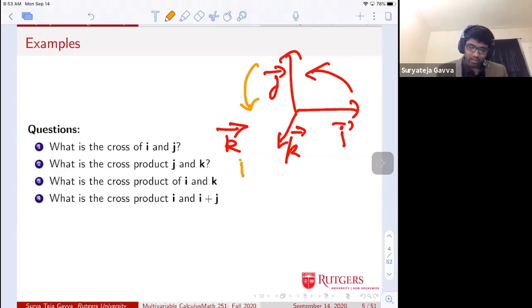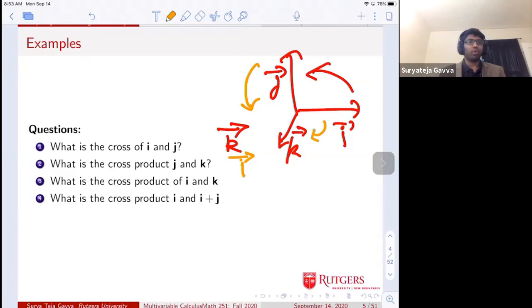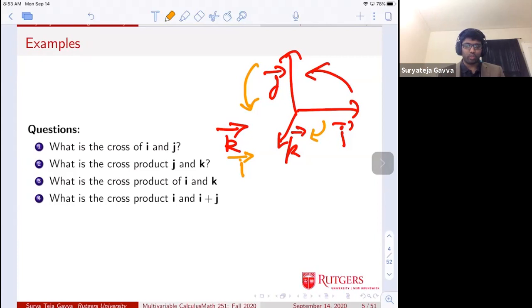Okay. What about i and k? If I try to take the cross product of i and k, what would be the direction? What would be the cross product of i and k? Okay, it's related to j, but it's not exactly j.